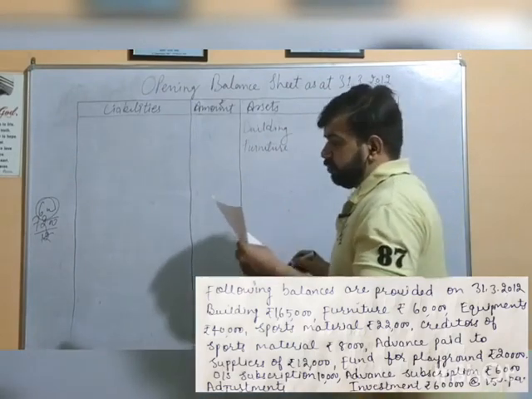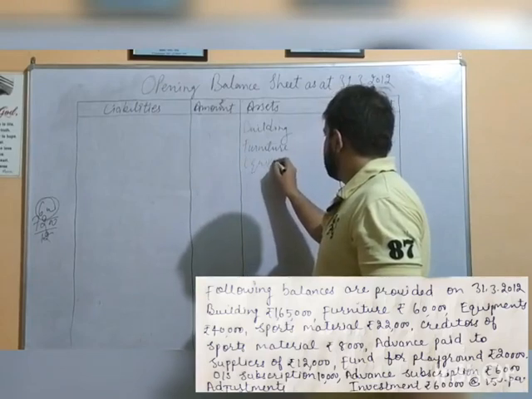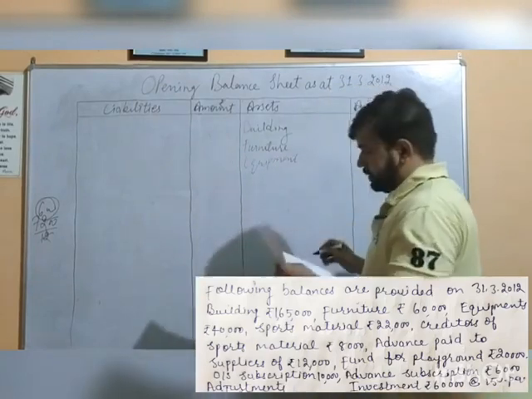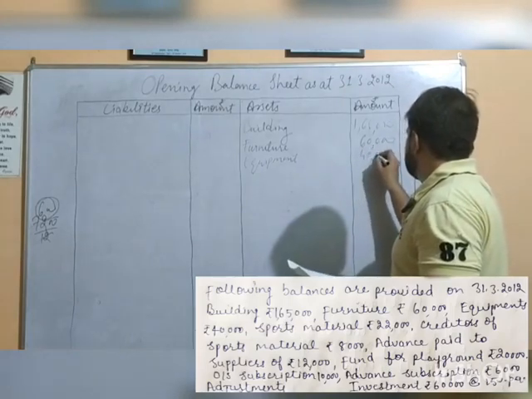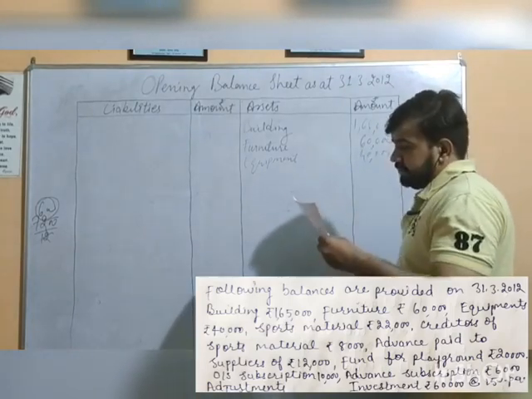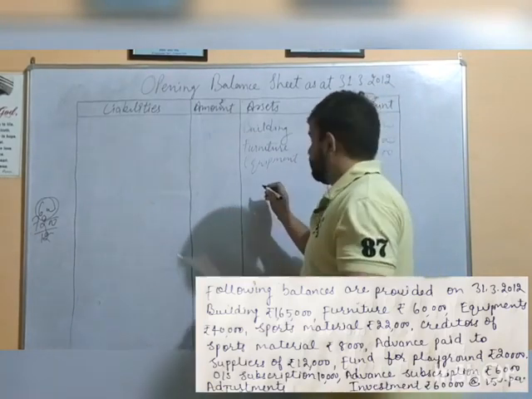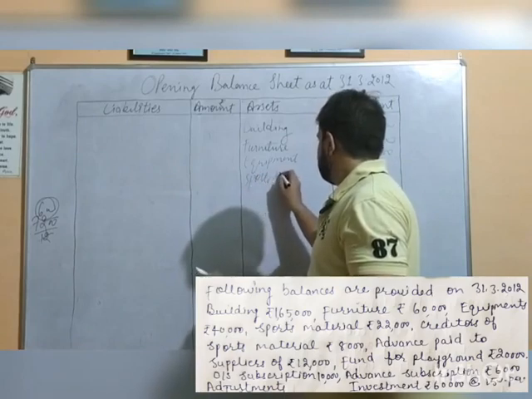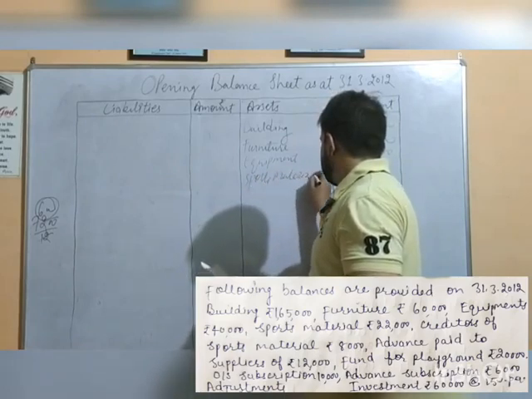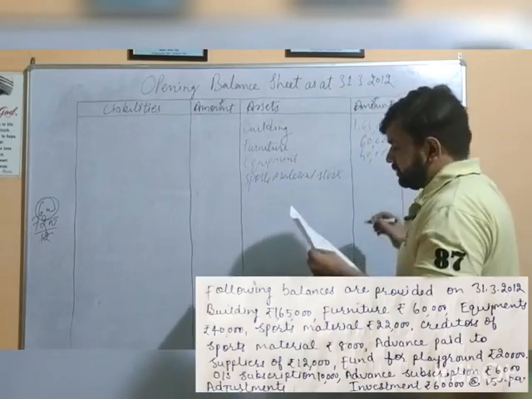Then we are having equipment, rupees 40,000. Hereafter we are having sports material, that is opening stock of sports material, rupees 22,000.